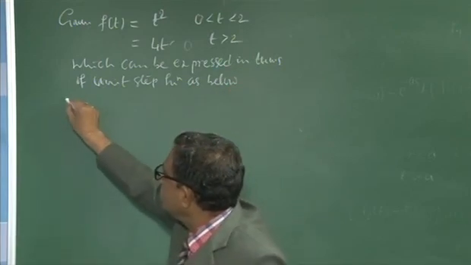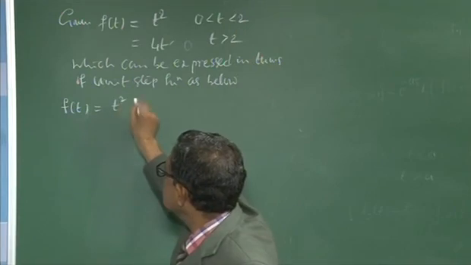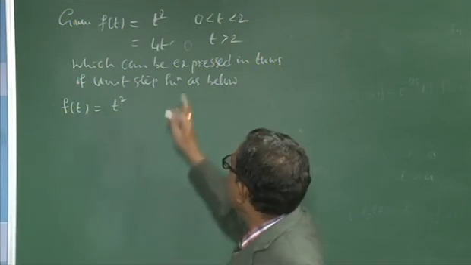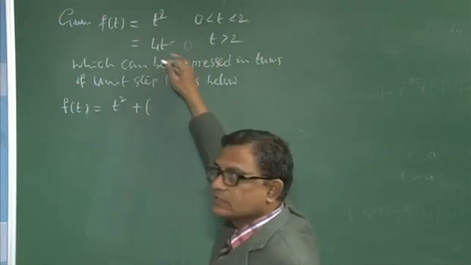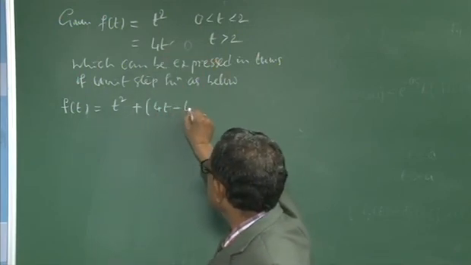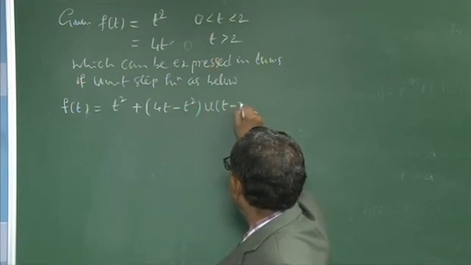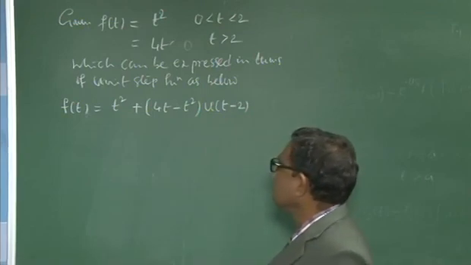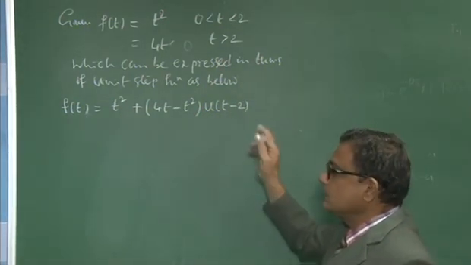Now f of t is equal to, the first function t square as it is, plus the difference between the first and second function, 4t minus t square, into u of t minus 2. Here it is u of t minus 2.